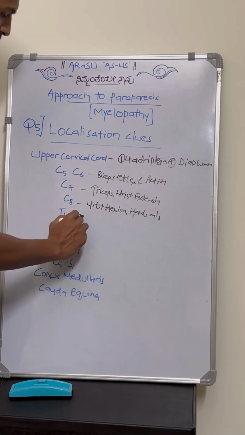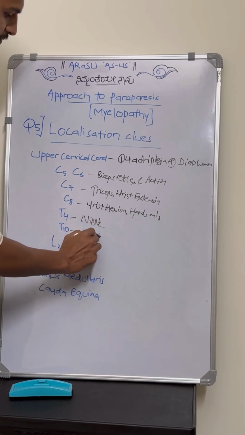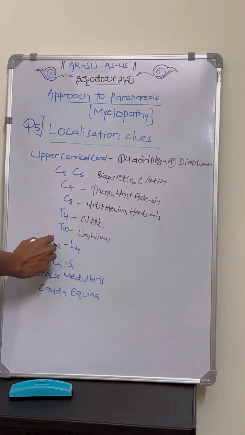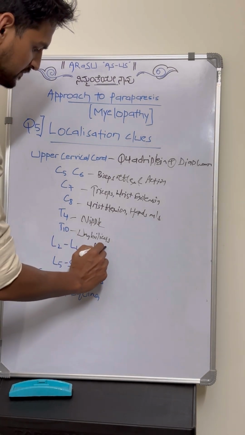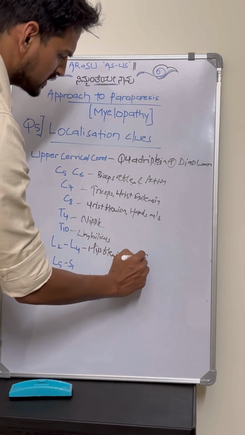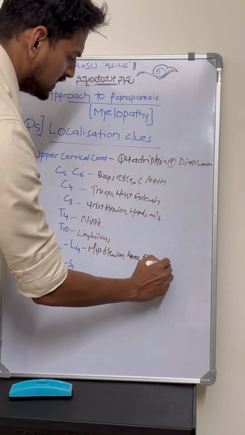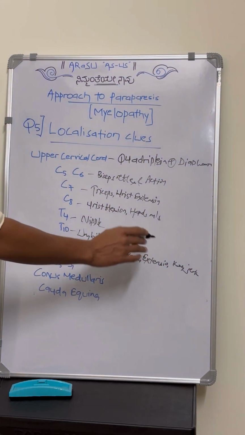T4 we all know, nipple level. T10 is umbilicus. Then coming to L2 to L4, that is lumbar plexus. See, why is it so important? It will mainly affect all the actions related to the upper part of the lower limb, that is thighs, mainly hip flexion, then knee extension, and knee jerk will be affected, that is lost.